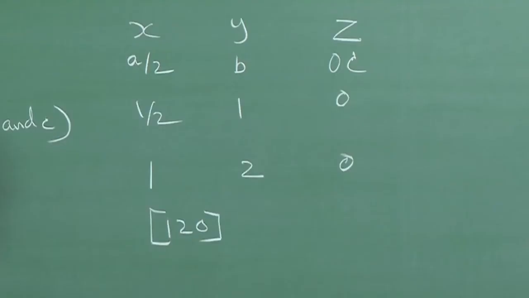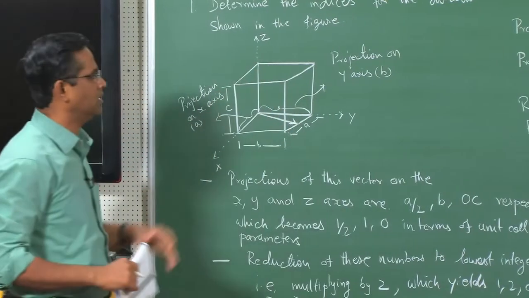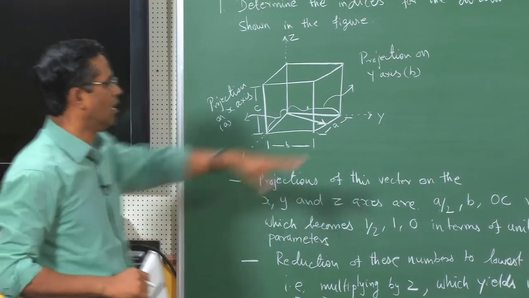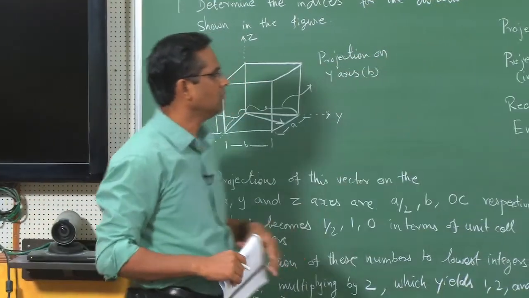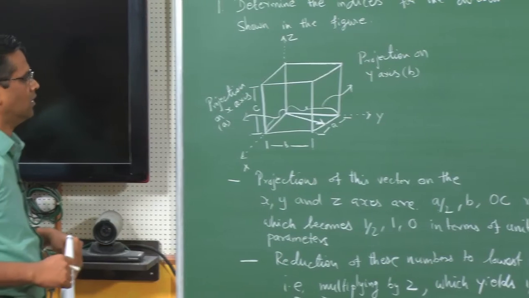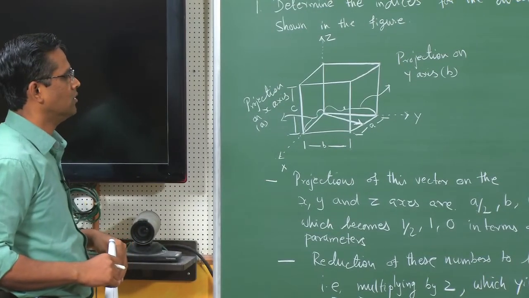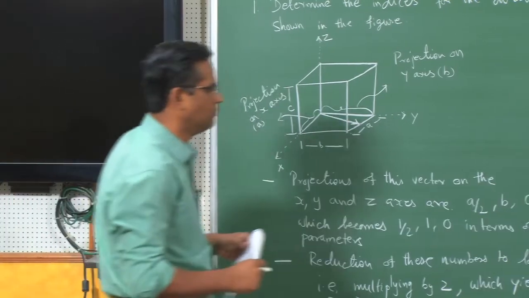So, you create a table like this for solving any directions problem like this, then it is easy to recapture. So, that is how to go about it. So, let us go to the next problem.